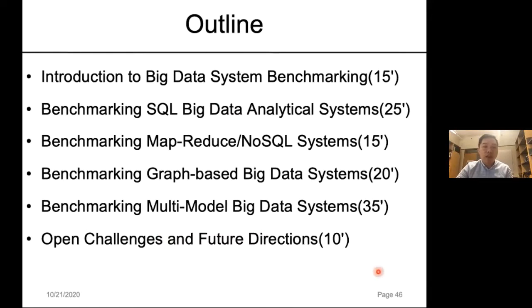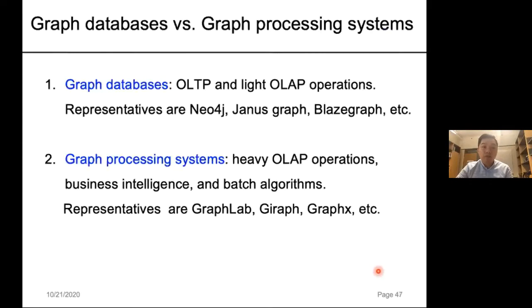And in the next part, we're going to talk about the graph-based big data systems. There are two types of graph data systems: graph databases and graph processing systems. The graph databases focus on OLTP and light OLAP operations.